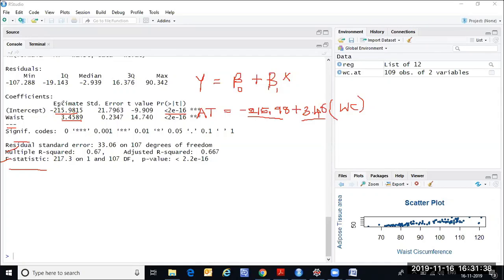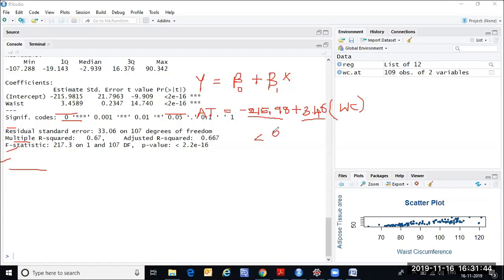If the probability of each of these coefficients is less than 0.05, what is this 0.05, friends? This is nothing but the alpha value.